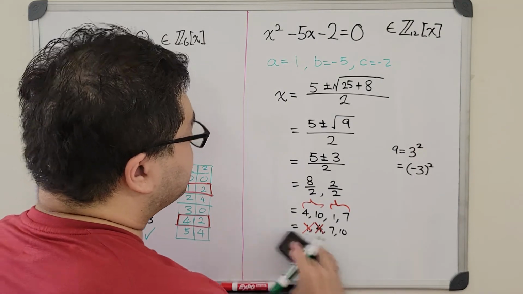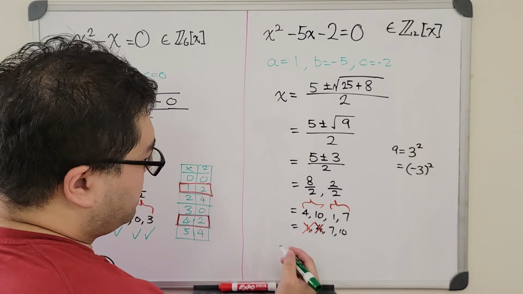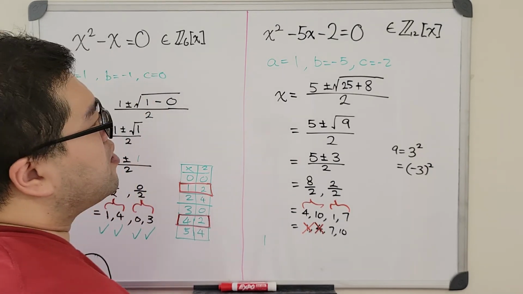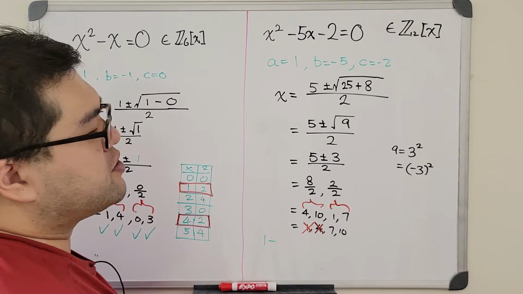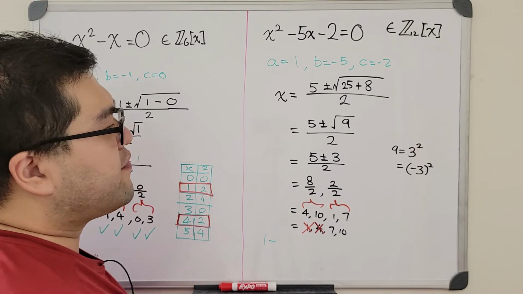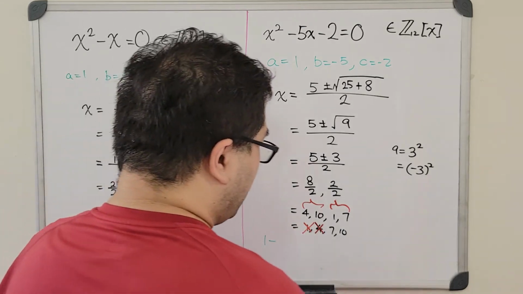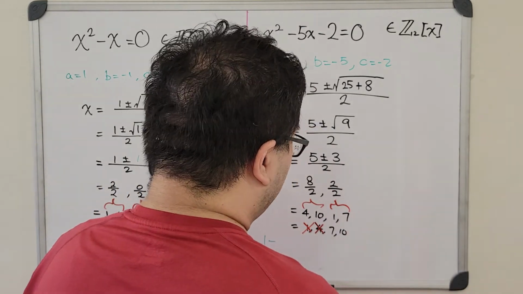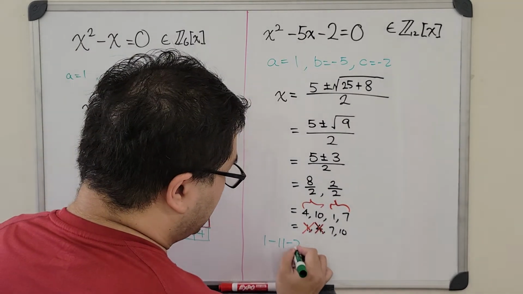How about 7? Well, let's see. 7 squared is 49, but that's just 1 mod 12, minus 5 times 7, which is 35. And 35 divided by 12 is 2 with remainder 11. So we'll subtract 11, and then we have minus 2 again.